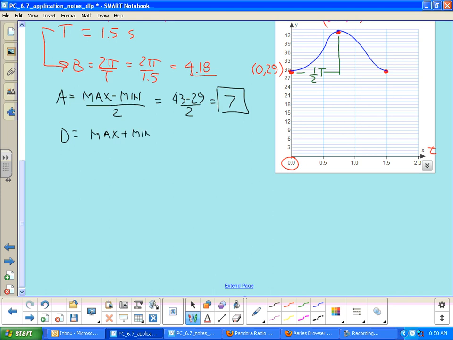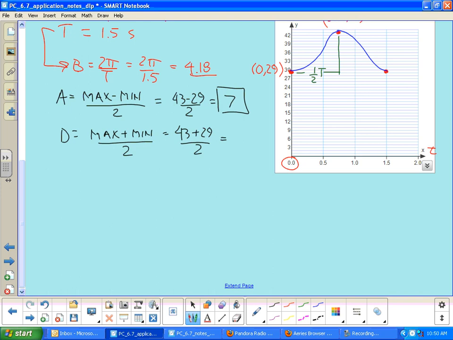Okay, now let's think about this because this is just intuition. Where's the axis of the spring? 36. Why is it 36? It's the midpoint, but more importantly, it's 36 because that spring was that high above the floor before I pulled it down. That's where it just hangs out without doing anything to it.